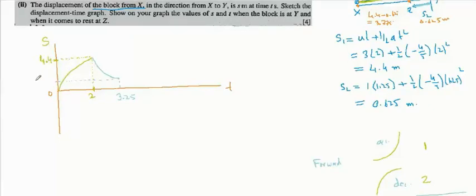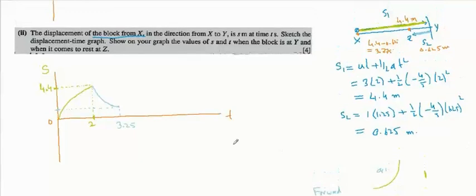What is the displacement of Z? We calculated it here. 0.625? No, that is not a displacement, that is the distance. The displacement is always from the reference point, so it is 3.775. You see that this is a good question. It revises your previous knowledge of chapter 1. So this is the sketch, the displacement time graph.